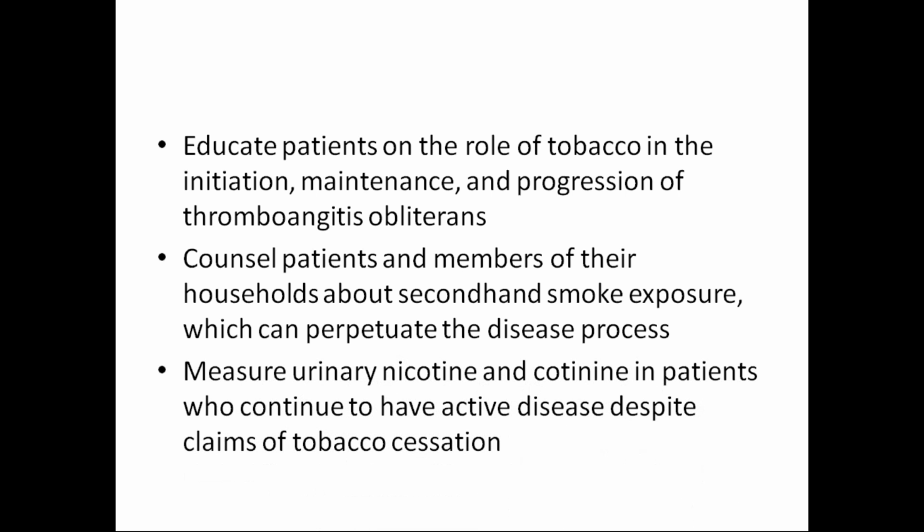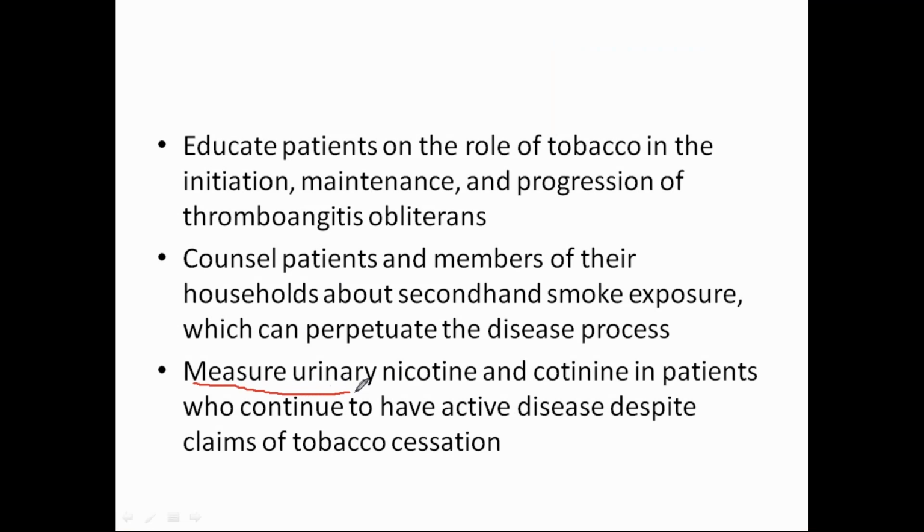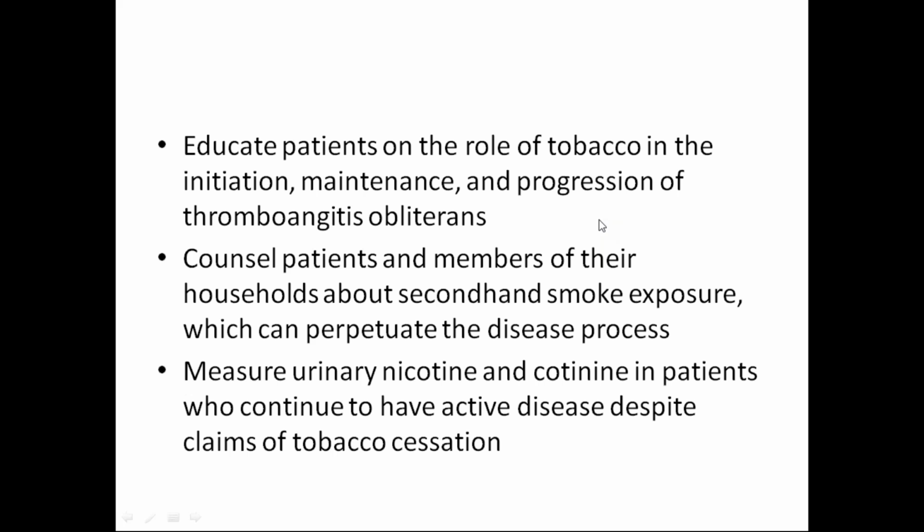There is no other thing. Some persons will usually lie. They smoke, but they'll say they are not smoking. So urinary cotinine will usually tell whether this fellow is smoking or not. Smoking cessation for some people is very, very difficult.